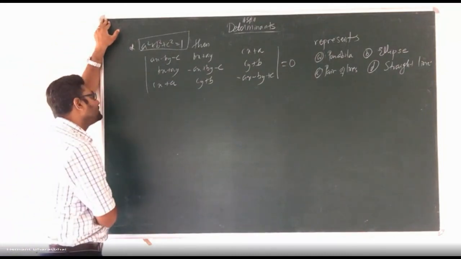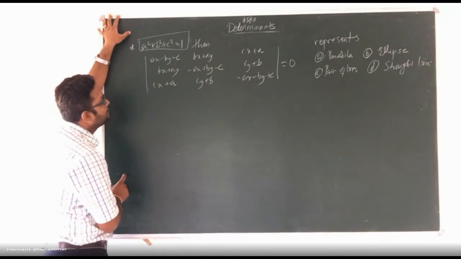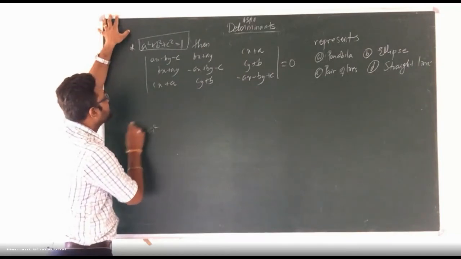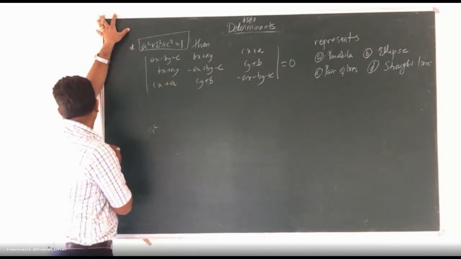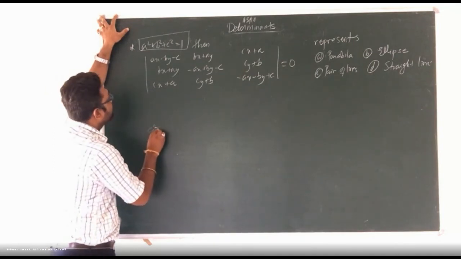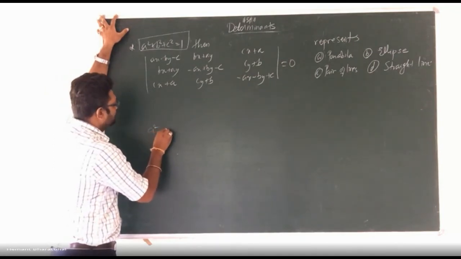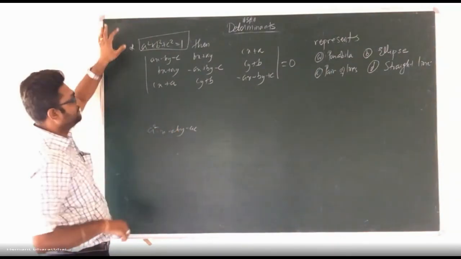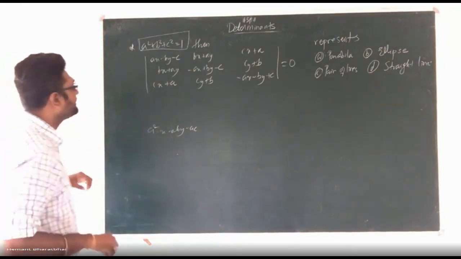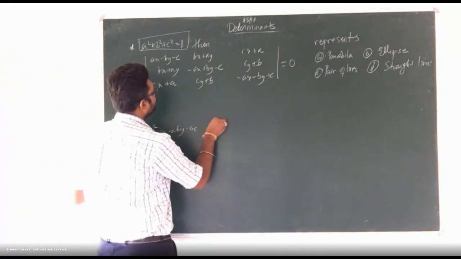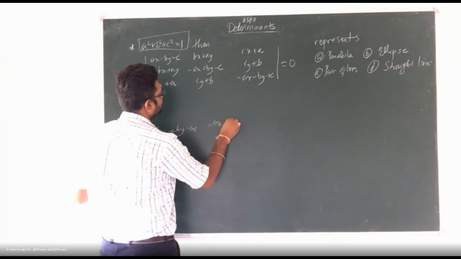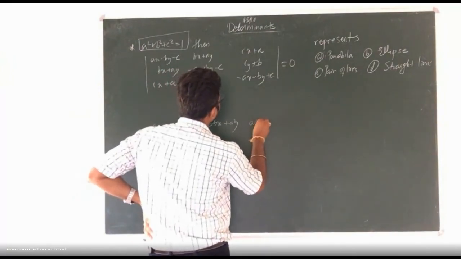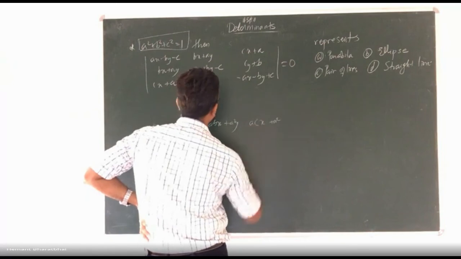And then I can multiply with a square. It's minus ABY, minus AC, and this will become ABX plus A square Y, and this will become ACX and A square.